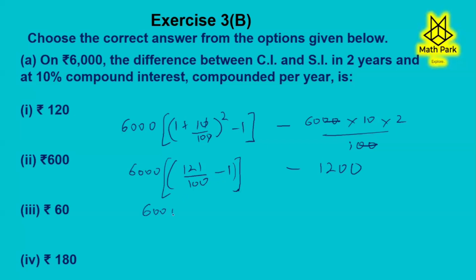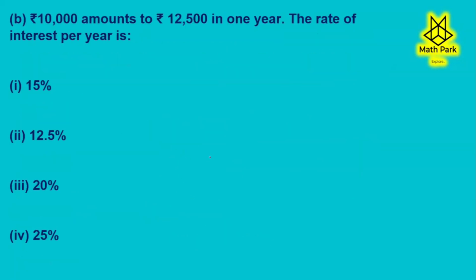So you get 6,000 into 21 by 100, which is 21 times 6, 1s are 6, 6 2s are 12, 1260. Minus 1200, which is 60 rupees, is the difference between compound interest and simple interest. Just children, you should know the formula well so that it can work out fast. For MCQs, we should save time.